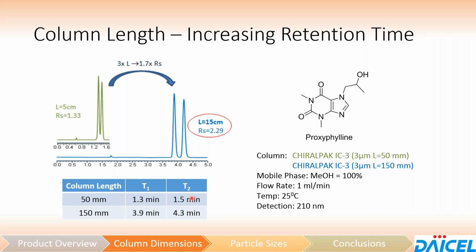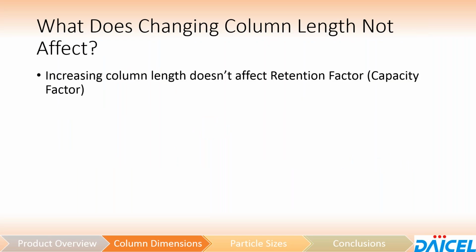If you bump it up to the 150, you do see a straightforward threefold increase in the retention time, slightly off for T2, but again, that's potentially coming from differences in the column packing and the effect that the resolution has on the overall separation.